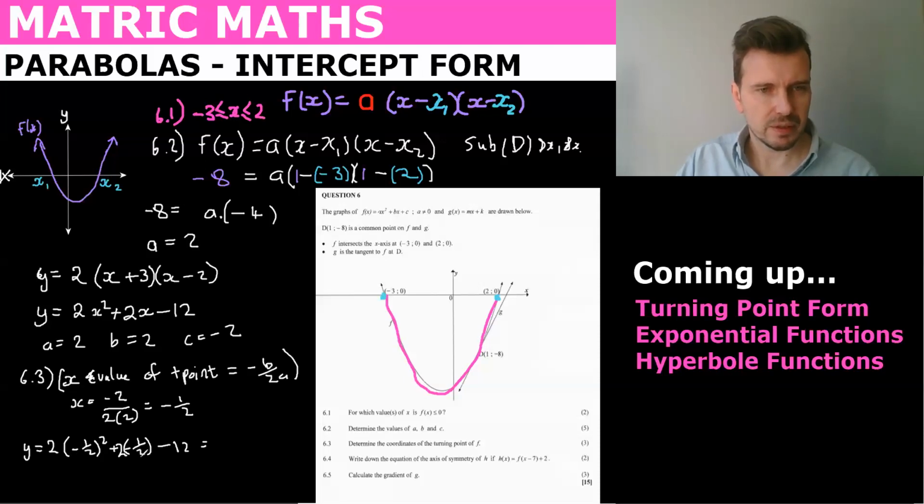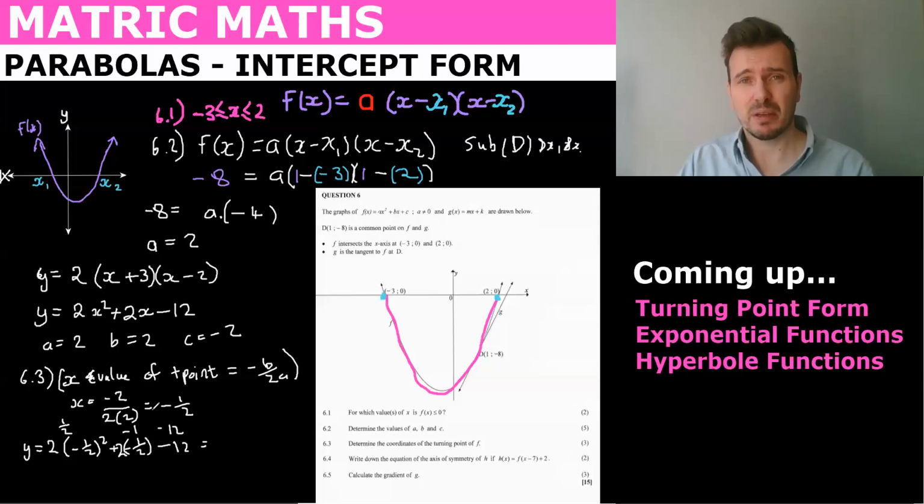And then this becomes 2 times negative 1/2, which is minus 1. You could just put this on your calculator, but don't be lazy. Actually, use your calculator in an exam, because you don't want to make a silly mistake. So this would be negative 12.5, which is negative 25 over 2.